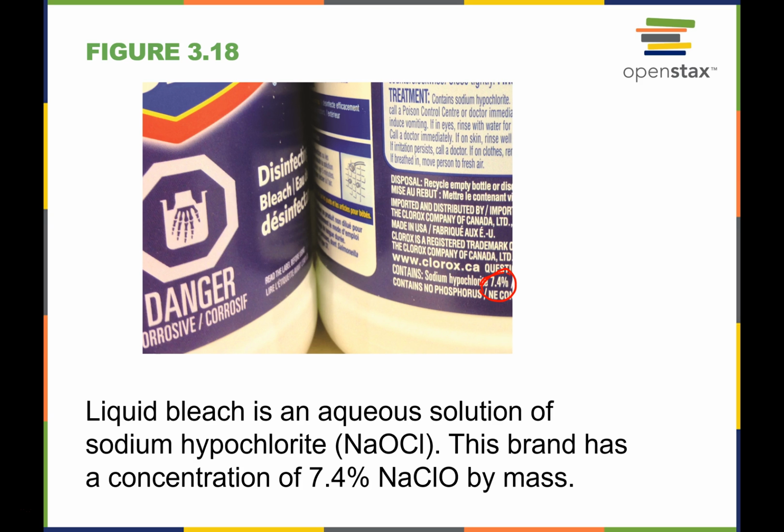So what that means is that there are 7.4 grams of NaOCl per 100 grams of solution, which in this case is the stuff in the jug. The solution is the Clorox.